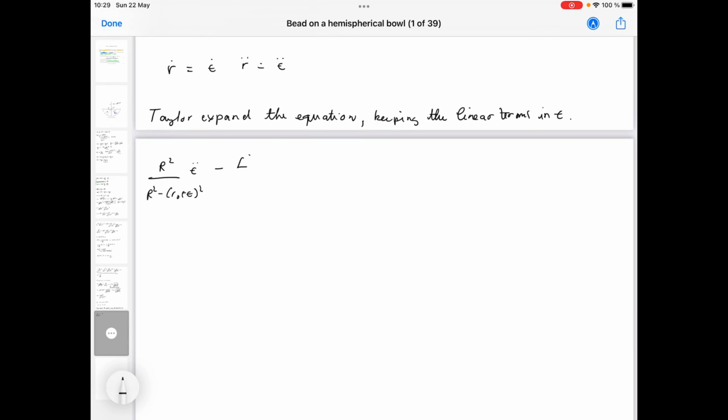Here we have minus L squared over M squared, R naught plus epsilon cubed. Now we have plus G R naught plus epsilon over the square root of R squared minus R naught plus epsilon whole squared. So we have to linearize this equation.